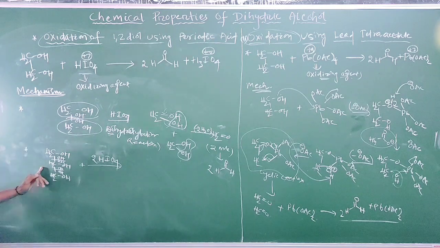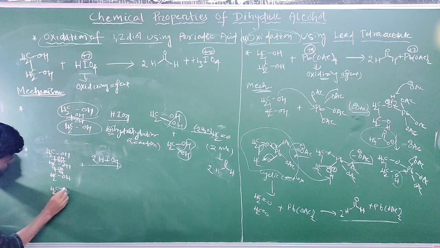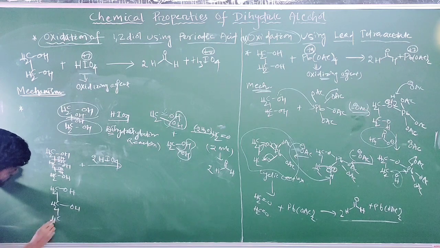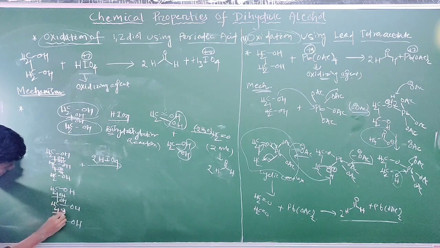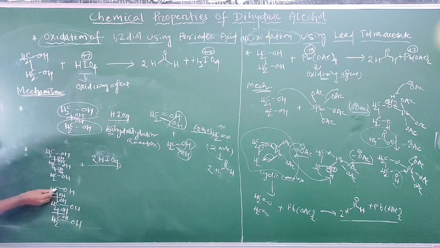Is it visible? So I am drawing it again here. Just look here. CH2OH, CHOH, CH2OH. This bond breaks, OH group here, OH group here. This bond breaks, OH group here, OH group here. So you can see CH2 attached to one OH and another OH, which means CH2(OH)2.